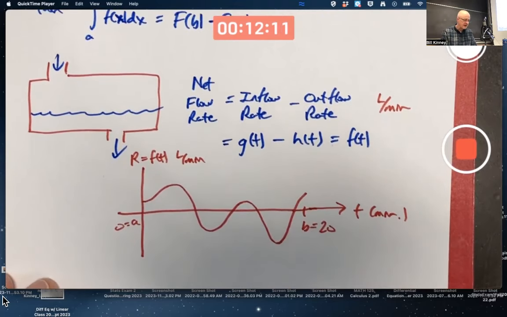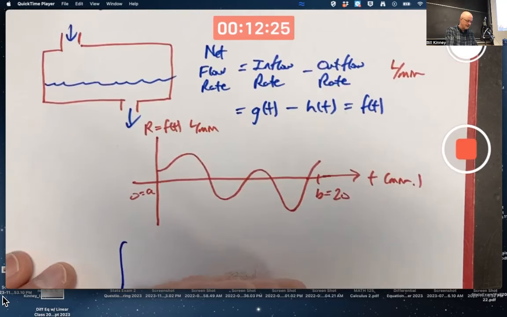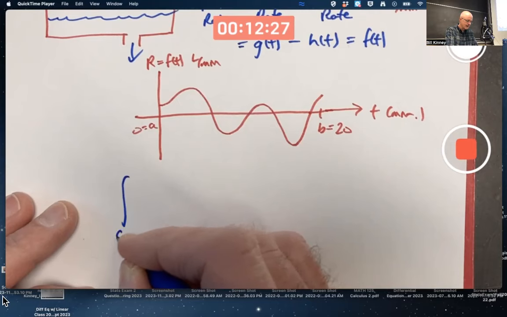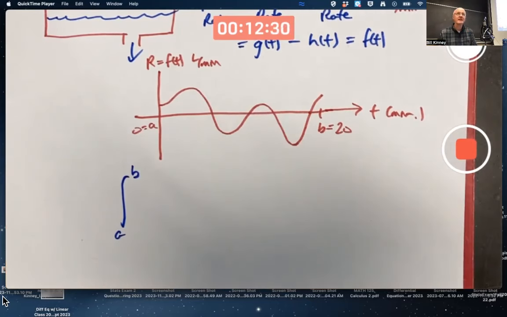The integral from a to b should be interpreted as the total change in volume in liters. If we integrate from a to b, what I'm about to say is super duper important. This is the kind of perspective you want to have when you're sitting in your science class and your teacher writes an integral on the board and says, oh yeah, this quantity is obviously equal to this integral, and you're like, huh?